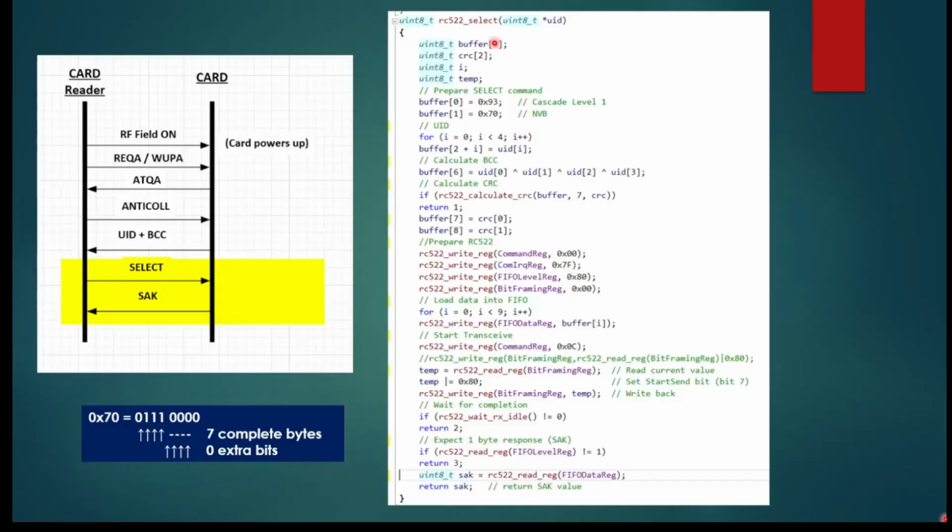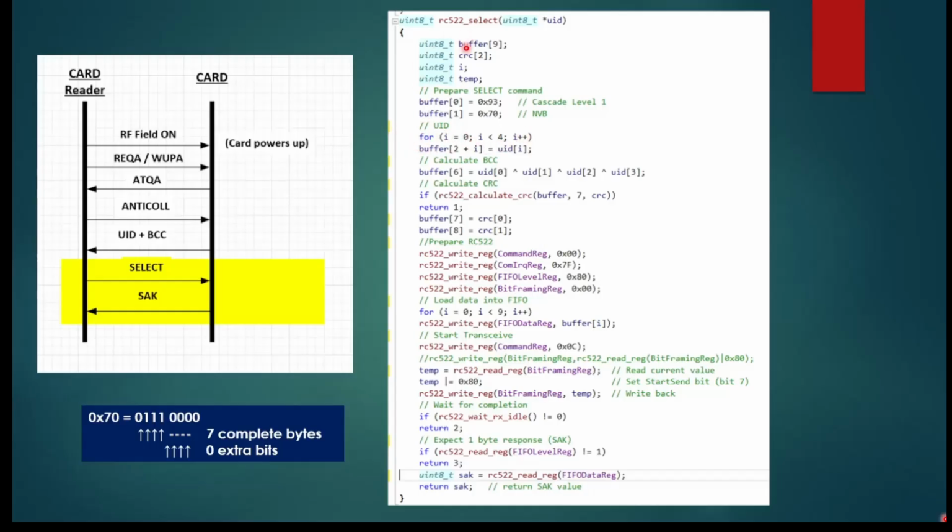We have element 1, which is going to be 93, our buffer 0, and our buffer 1 is going to be 7. Now we're going to fill up the buffer from 2 through 5. Basically, we have to first send the whole UID, so that's going to take place here.